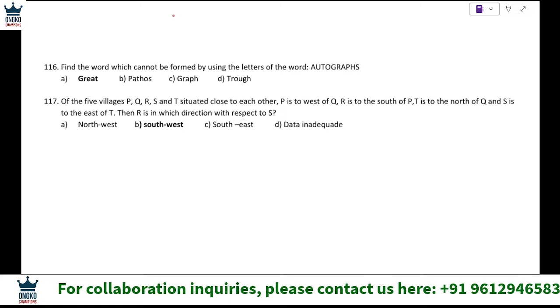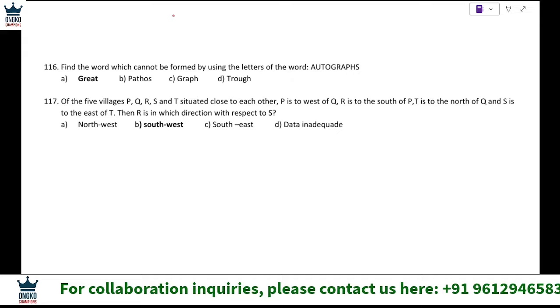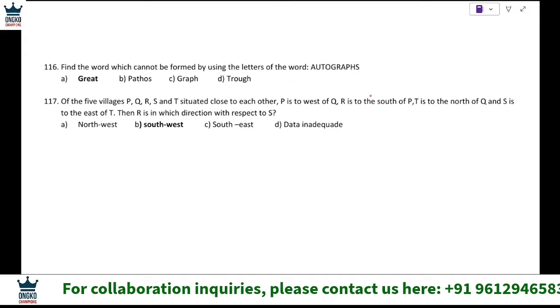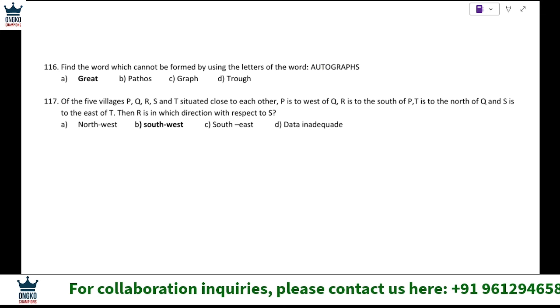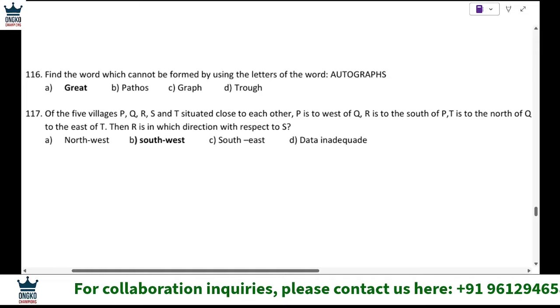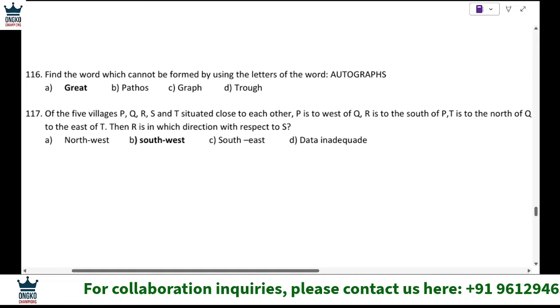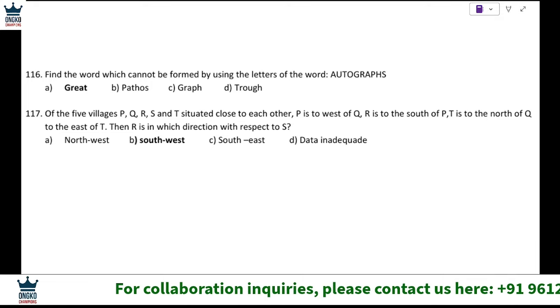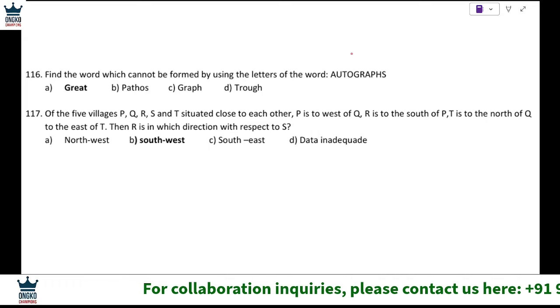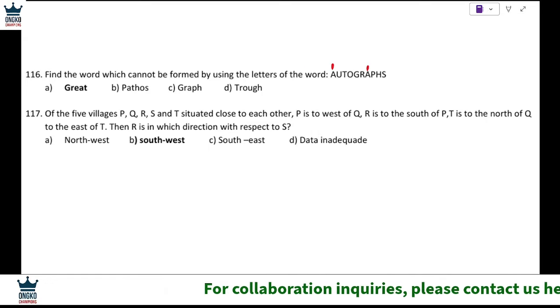Find a word which cannot be formed by using the letters of the word Autograph. So in Autograph, the letters are: A, U, T, O, G, R, A, P, H. So A appears two times, 2A.